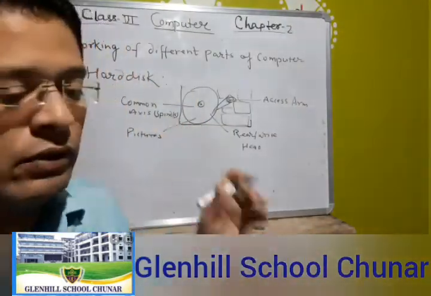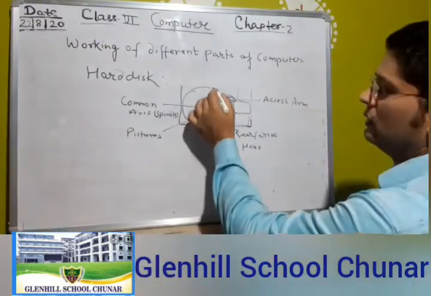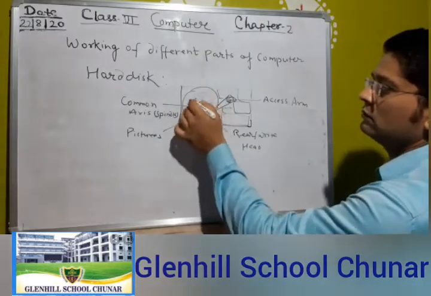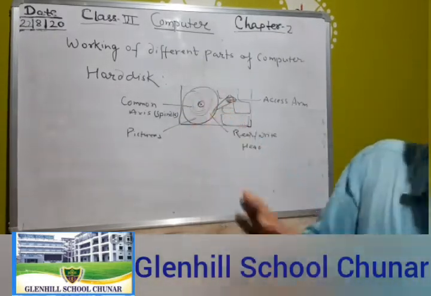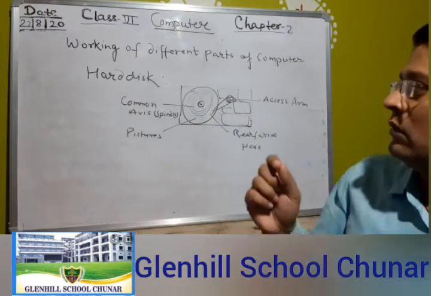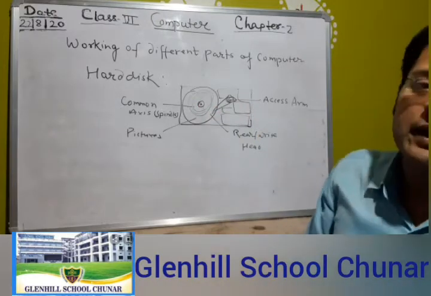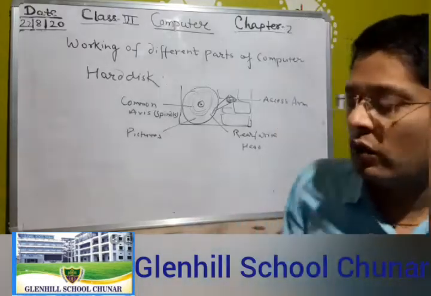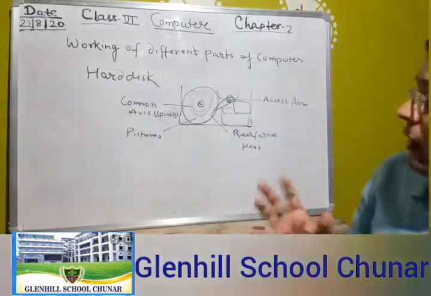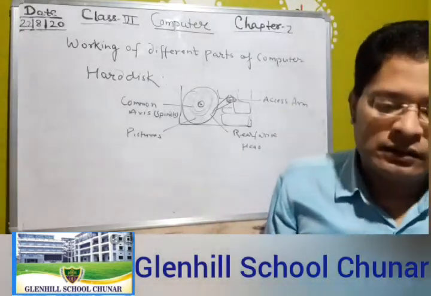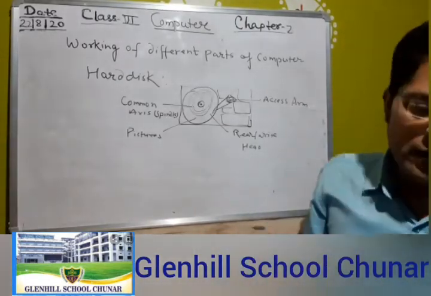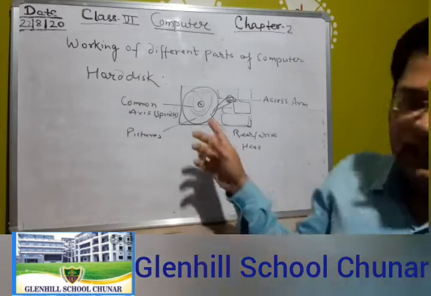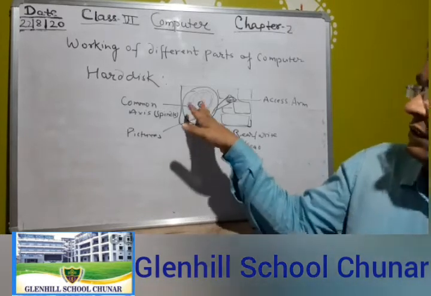This one is the platter. This platter is made up of aluminum, glass, ceramic, and is coated with an alloy material. That allows data to be recorded magnetically on its surface.